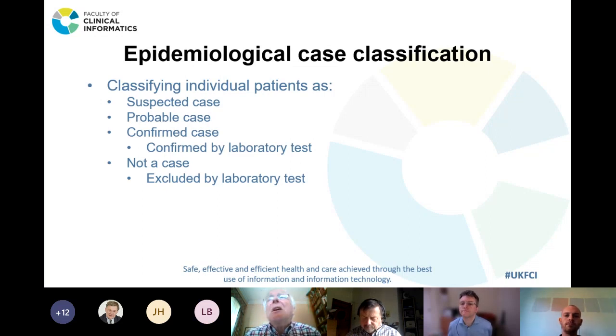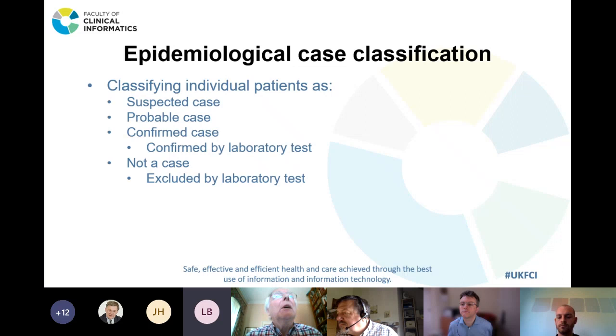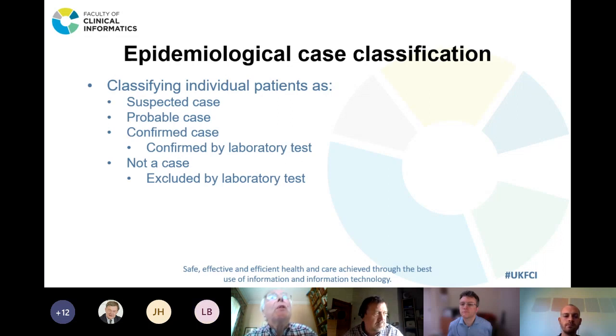A lot of us are a bit uncomfortable about that. But from an epidemiological point of view, what that is saying is that right now, as of this time, this person is not a case, which is a slightly more accurate way of describing it, because of course next week they might well have a positive test and then become a confirmed case. And likewise, we've got excluded by laboratory test, and that's basically how not a case becomes not a case, that they haven't so far had a positive test.